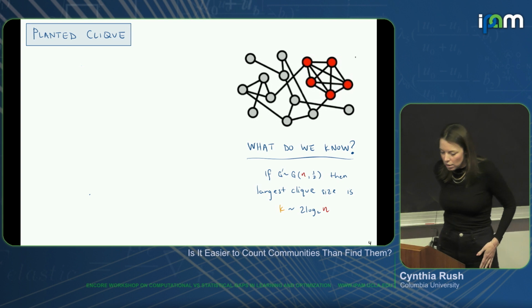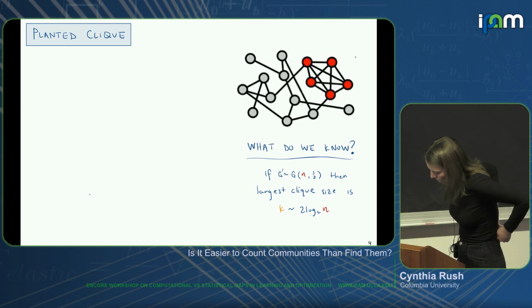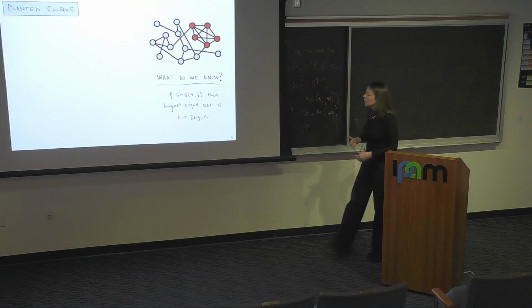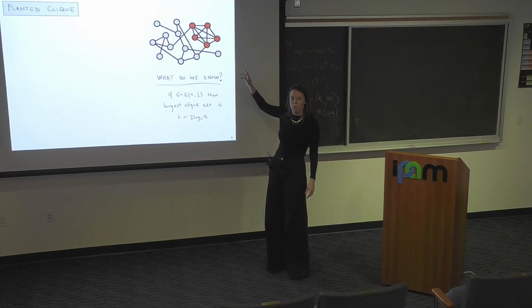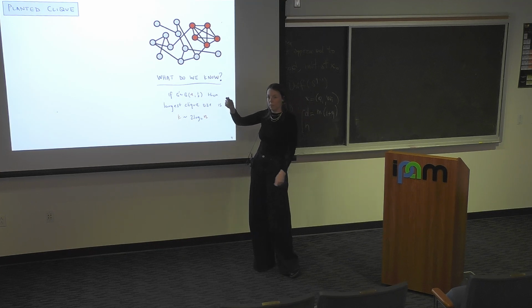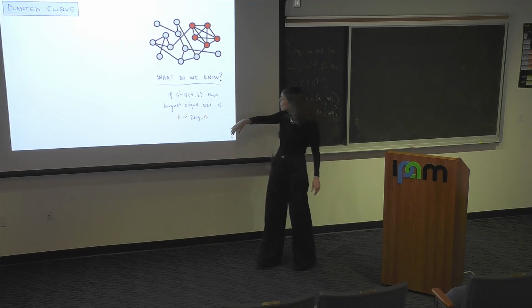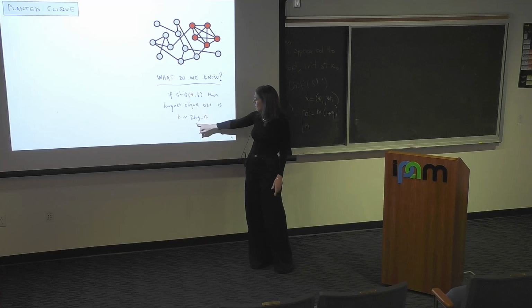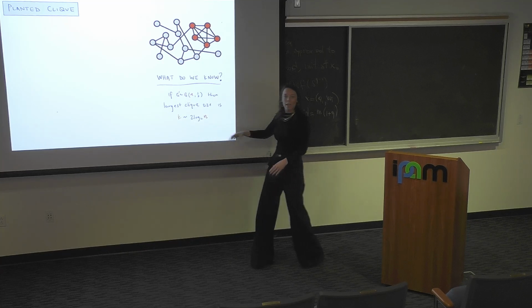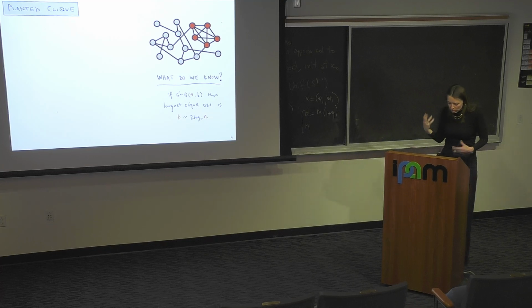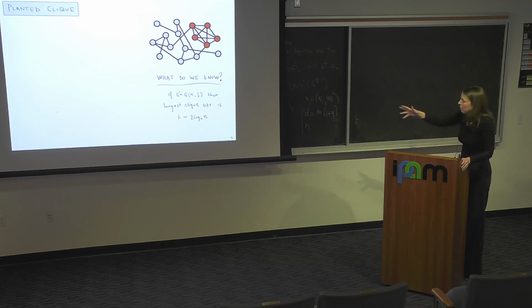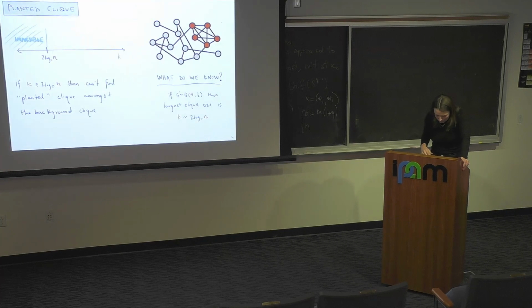Okay, so what do we know about this problem? If it's just a straight-up Erdős-Rényi graph, with no planted structure, then there's probably a clique there of size about 2 log n. So with high probability, a random graph will have a clique of about this size.